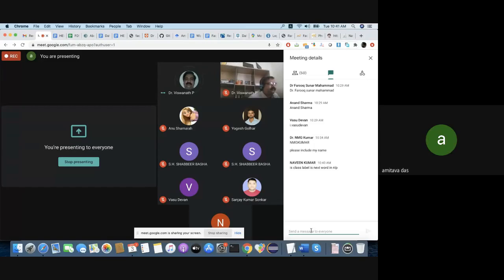But label is really the wrong terminology, because label is used when you are doing some kind of classification. Here we are not doing any classification. It's a simple network setup, and we are trying to predict the next word. Does it answer your question? Yeah. Okay, fine. Any other question here?